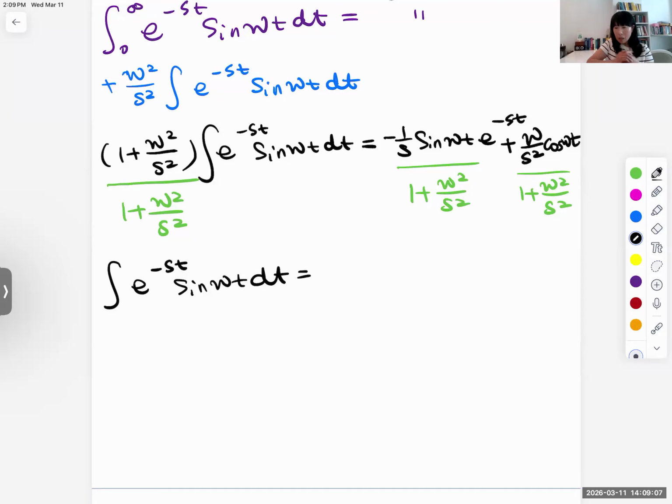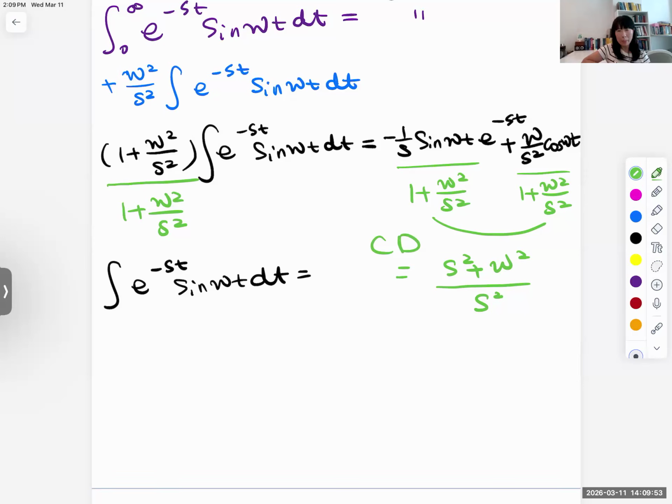and let's make a common denominator of this one, which is s squared, right? So we will get s squared, s squared plus omega squared, right? Make sense? Okay, so let me write down. This is common, simplify, will be s squared plus omega squared, common denominator.